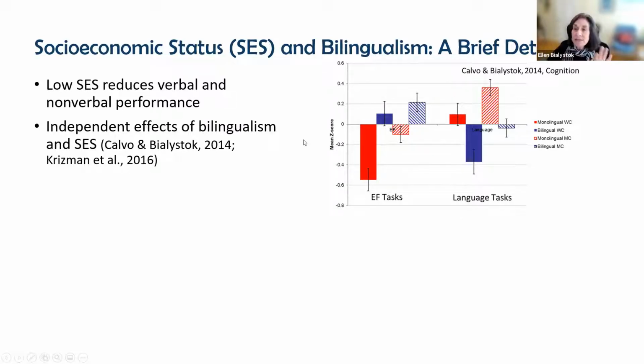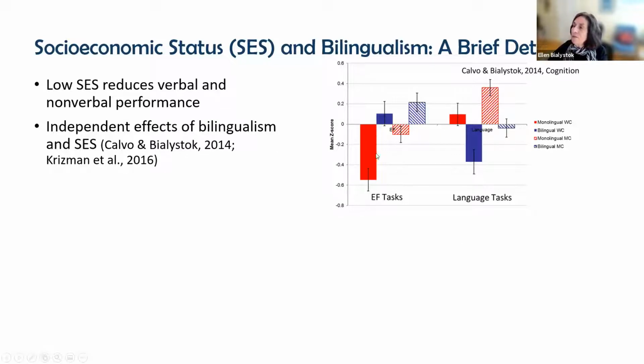These bars are standard deviations, they're not scores. And that means that they're based on the assumption that all the kids in the study are considered to have 0. So how much better or worse than everybody else in the study are they doing?